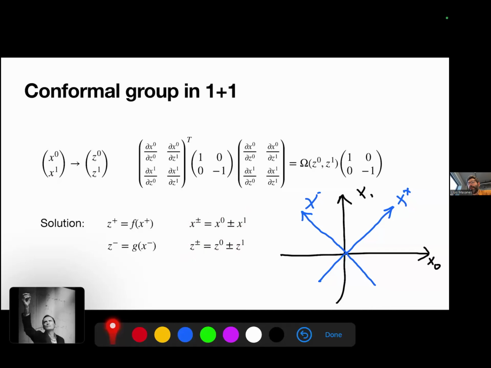Once you write the origin and the destination of the transformation in light coordinates, then conformal transformations are this simple transformation. You just independently transform the plus coordinate to the plus coordinate, and independently the minus coordinate to the minus coordinate. Okay, so it's really simple. And f can be any function with strictly positive derivative, and g the same, any function with strictly positive derivative. Okay.